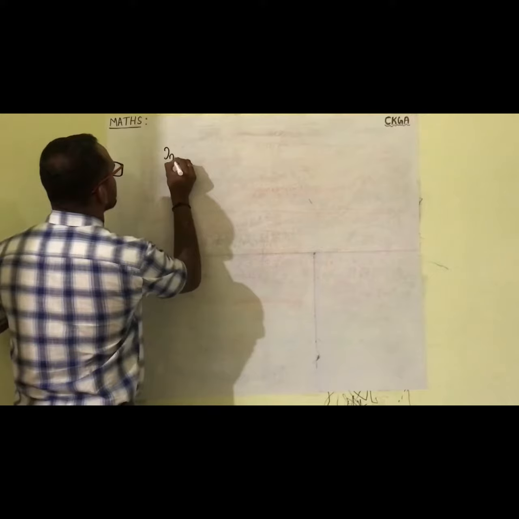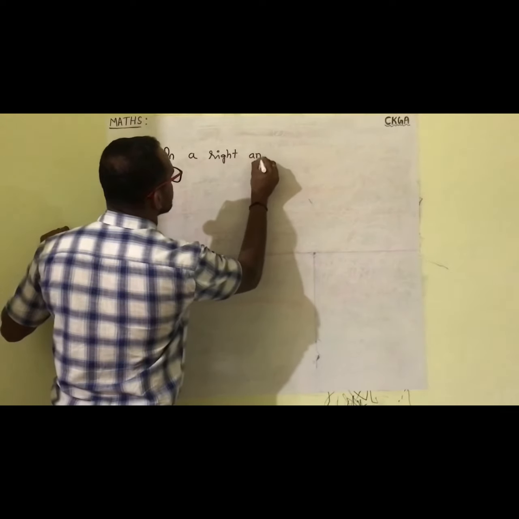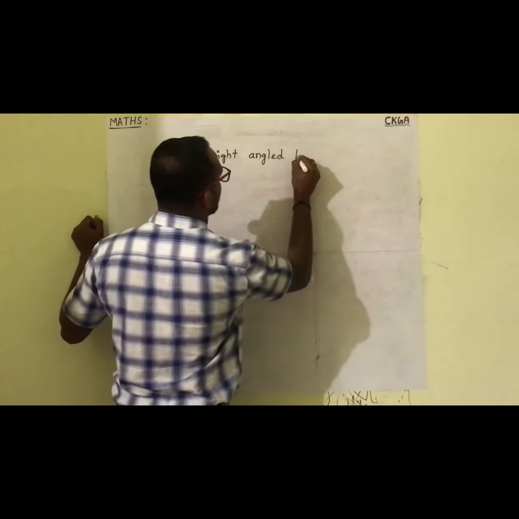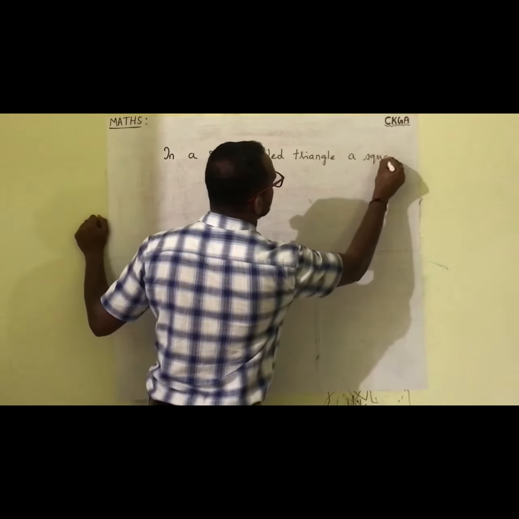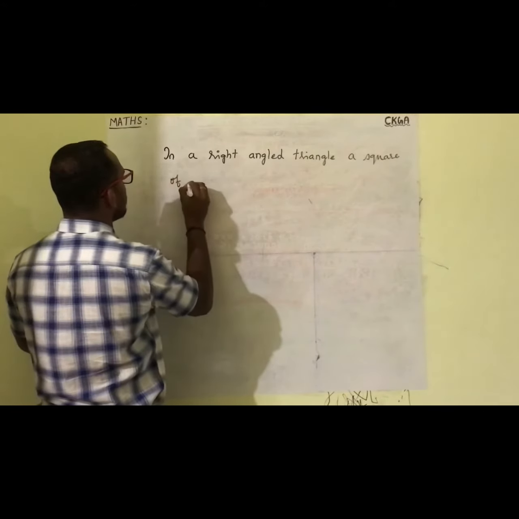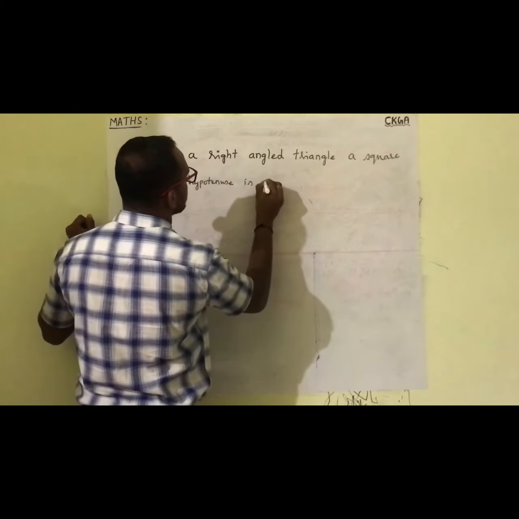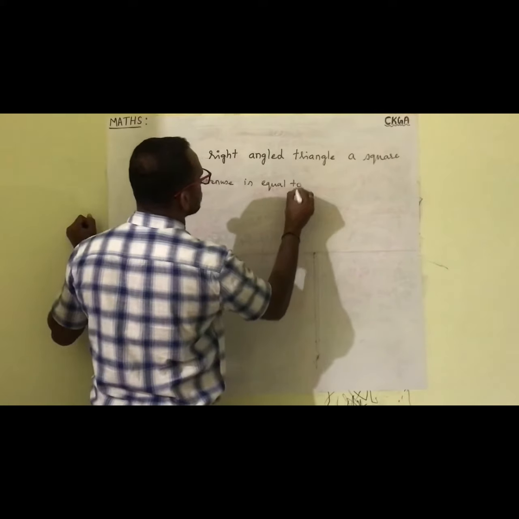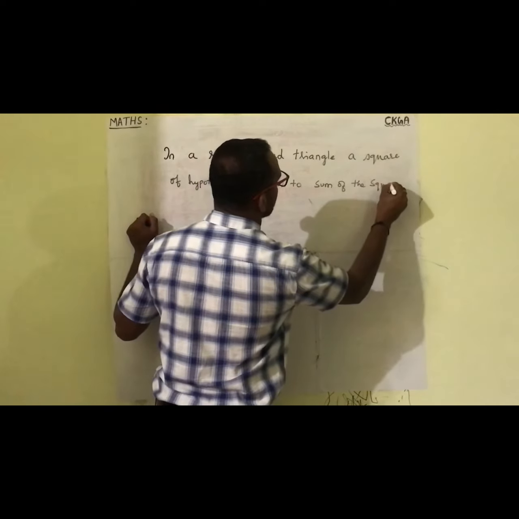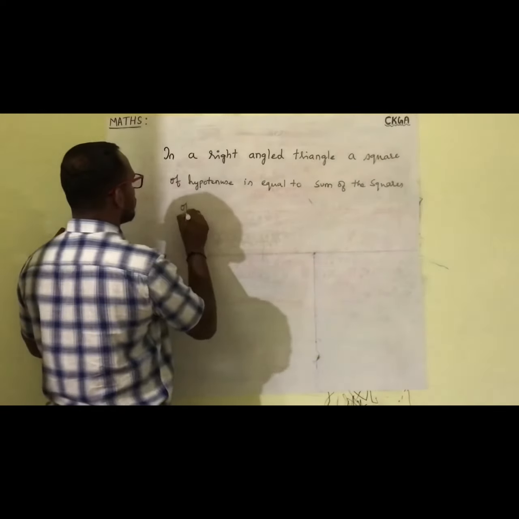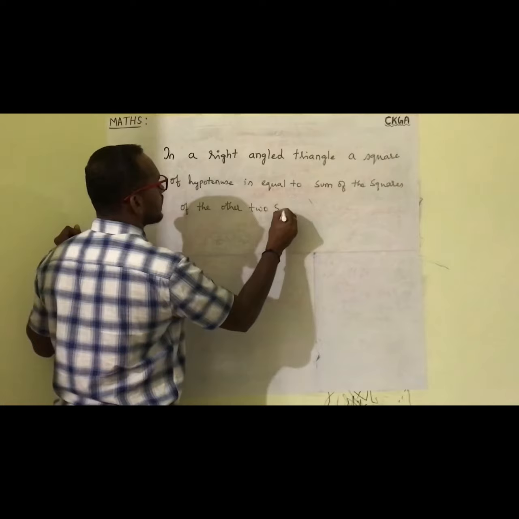In a right angled triangle, the square of the hypotenuse is equal to the sum of the squares of the other two sides.